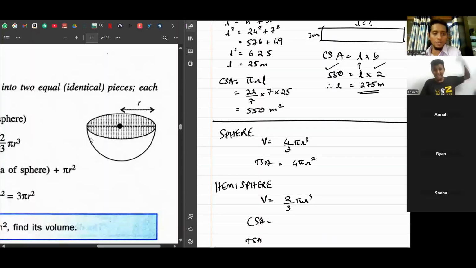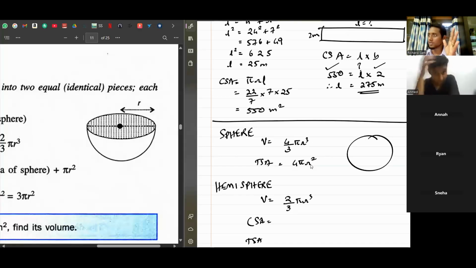Yeah, what's the formula for the curved surface area? See, we know the total surface area of a sphere. The full surface is 4 pi r square. So now the curved part is just this much here. So half of 4 pi r square, that is 2 pi r square. And then now you have this flat part.